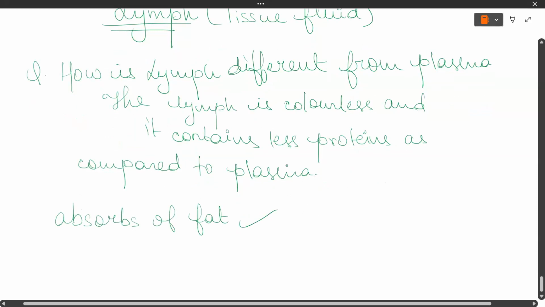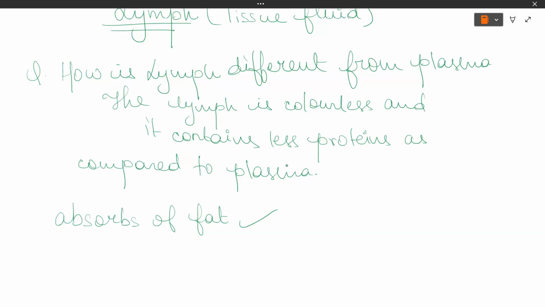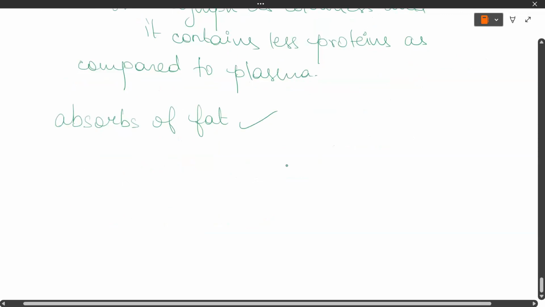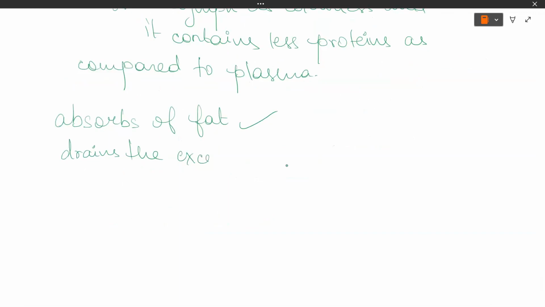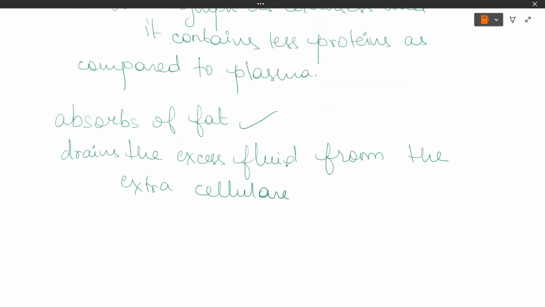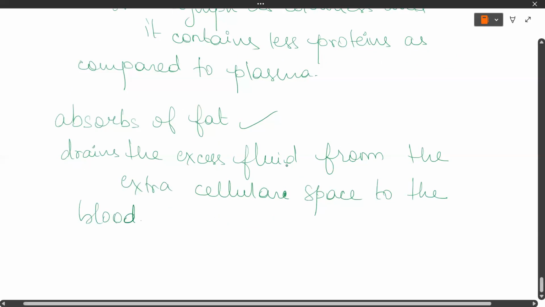Apart from that, it also gives a lot of immunity, and it also drains the excess fluid from the extracellular space into the blood. So now you've understood about the lymph and its functions.